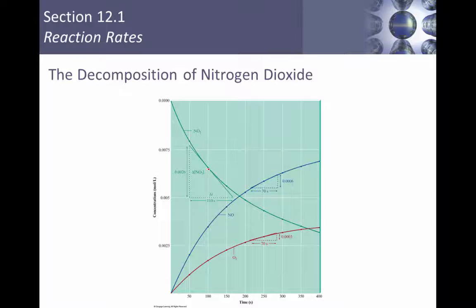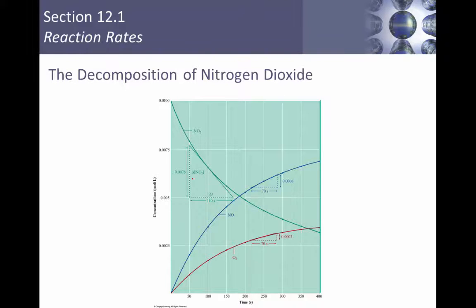So let's say we wanted to know the concentration at this second in time, or this second in time, or this second in time. We would draw a tangent to that point, and then we would calculate the slope by doing rise over run. And then you can find the instantaneous rate at that exact moment.